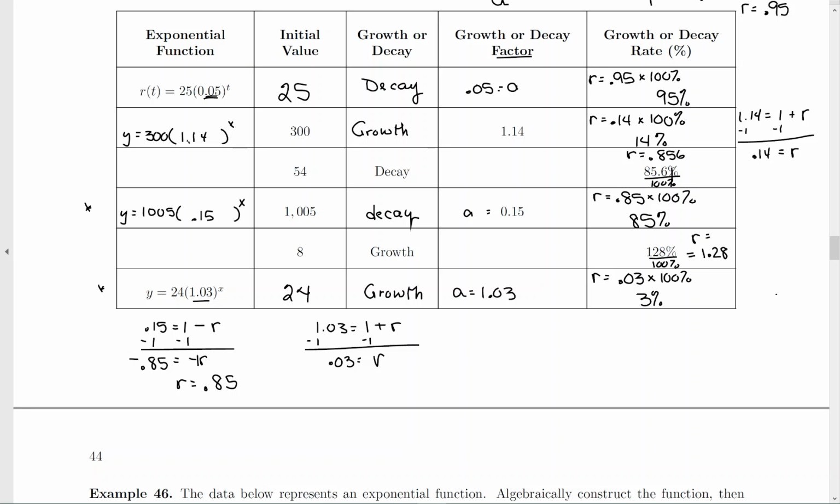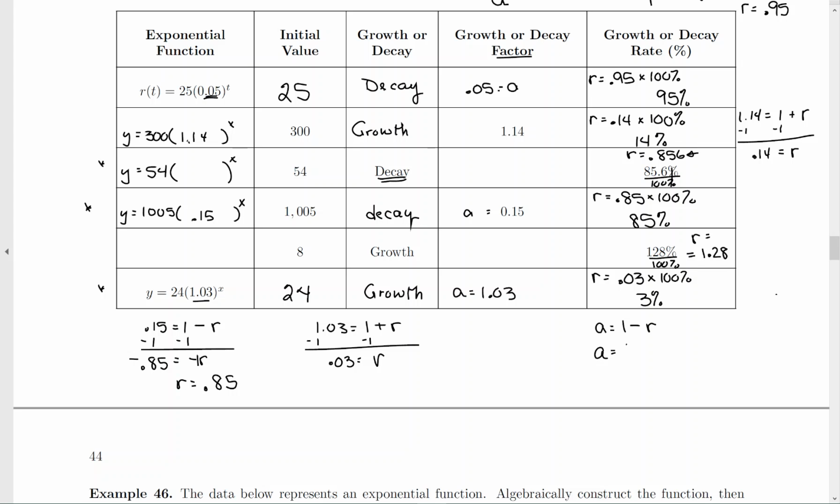All right, so now let's back it up. Going to this third one here, y equals 54. Got to find A to the x power. I know what R is, and I know it's a decay problem. So I've got to use the formula A equals 1 minus R. But I know what the R value is right here, 0.856.